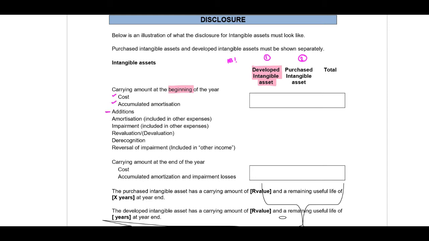You will have your additions, amortization, impairment, revaluations, derecognition, reversals, and you will have your carrying amount at the end of the year, which will be your cost and your accumulated amortization and impairment. And as always, remember the narrative information that you need to provide to the users.